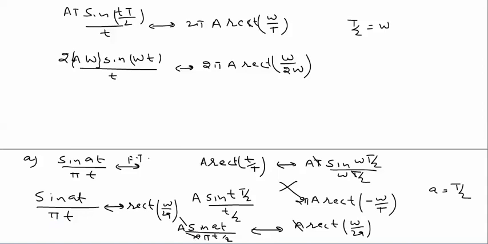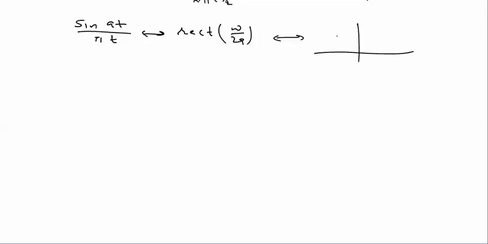Now we draw both in the same pattern: sine at upon pi t and rect omega upon 2a. First I draw the rect, whose height is 1.